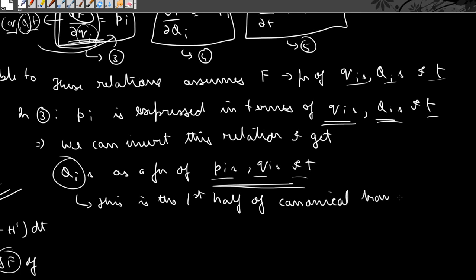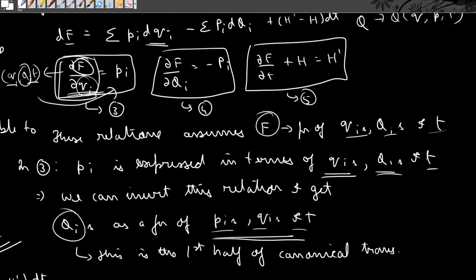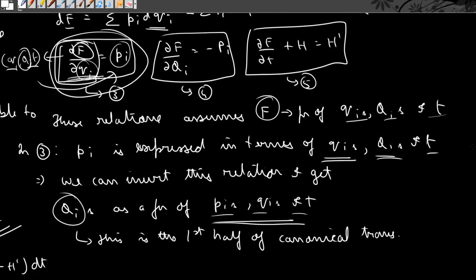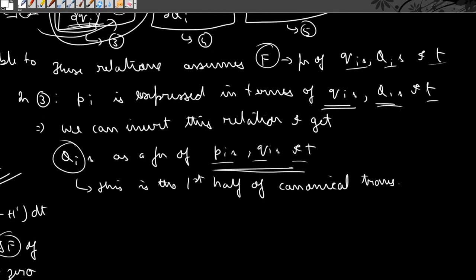So what have we done here? If we know the form of f, then from this relation we can calculate pi in terms of the old coordinates, new coordinates and time, and then invert the relation to find the new coordinates in terms of these three quantities.